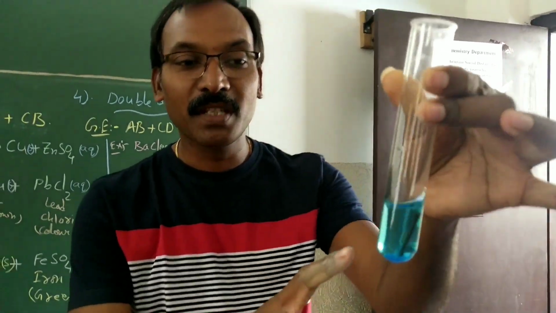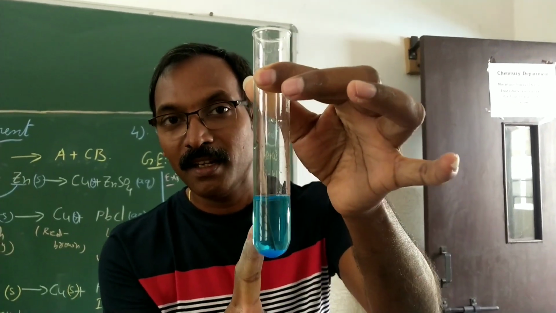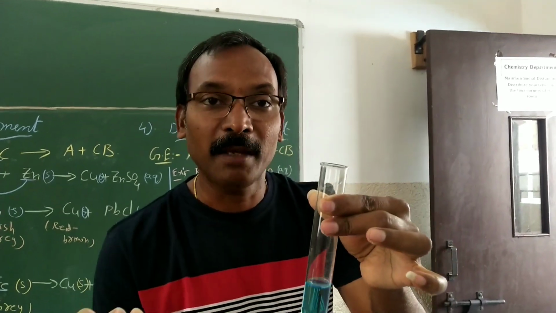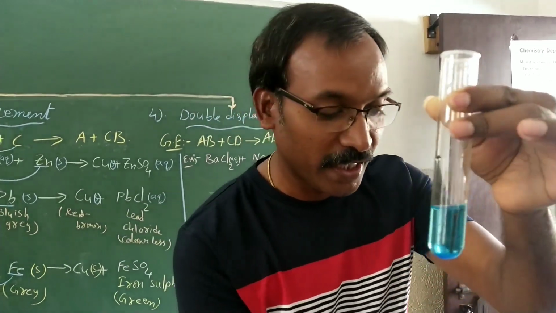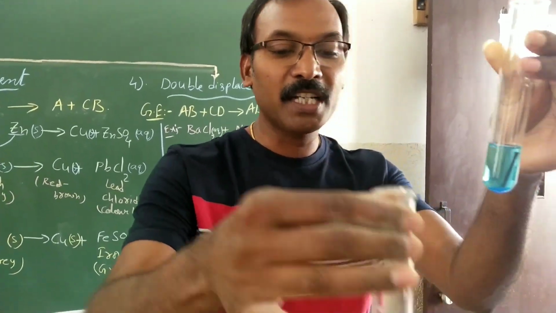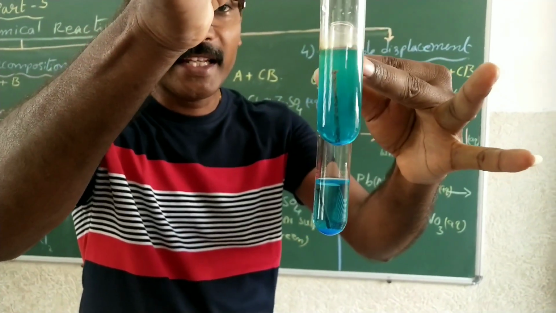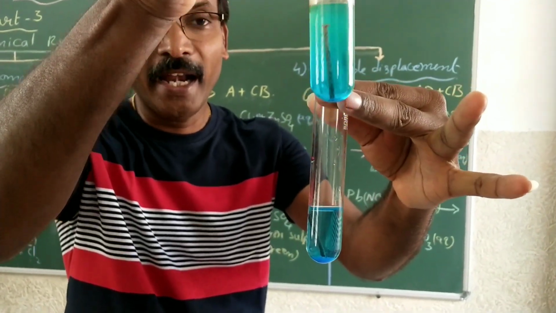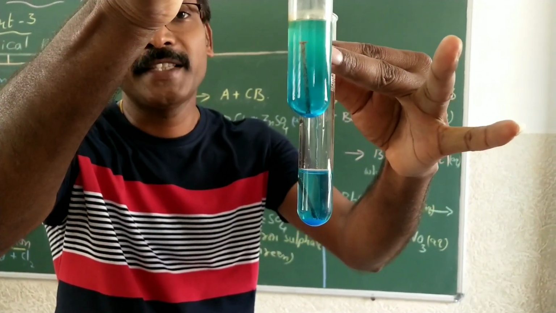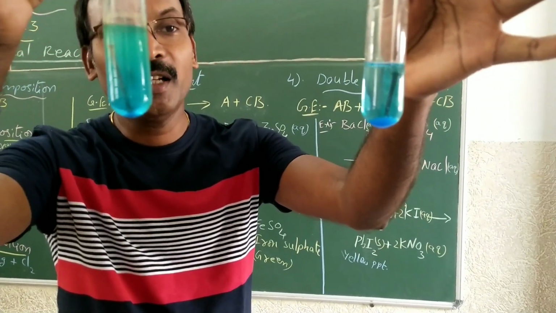And here, if you observe, this is a complete bluish color, and it takes some time. That's why we prepared this solution and kept it ready. If you observe the difference between these two, you can see very clearly. Here you could find a light greenish color and the bluishness is just disappearing, but here it is a very clear blue color.